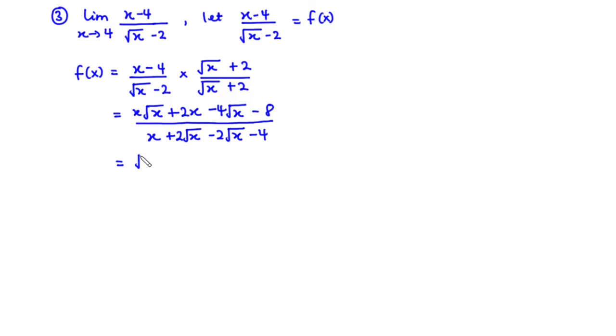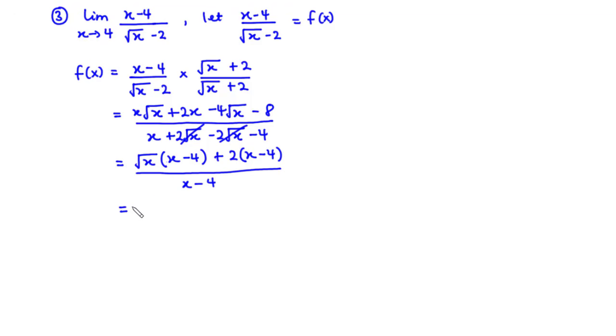So we factor out square root of x, and then we have x minus 4, and then plus 2x minus 8. We can as well factor 2 out, so that we have x minus 4, all divided by 2 root x cancels out 2 root x. We are left with x minus 4.